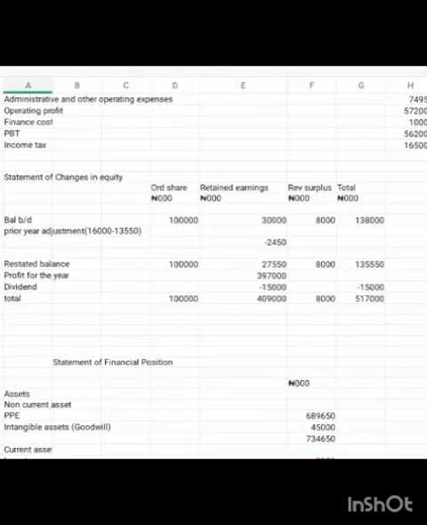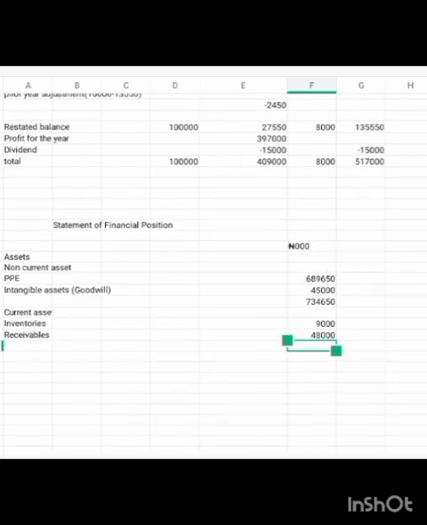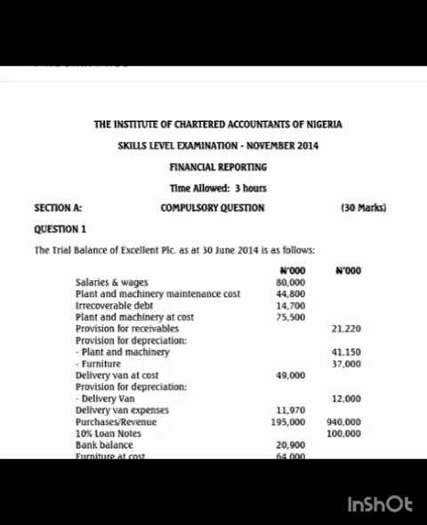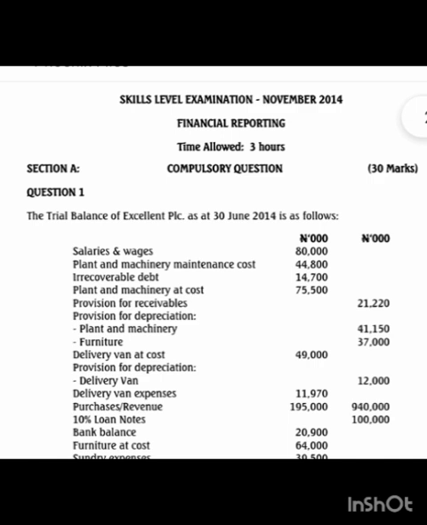We will say receivable, 48 million. Haven't done that. This is our cash. Bank balance, we have 20,900, and we're told they paid 10% on the loan, and that's not been accounted for.